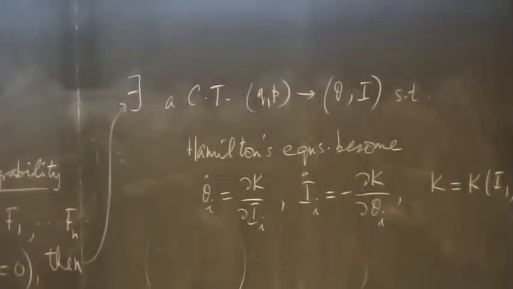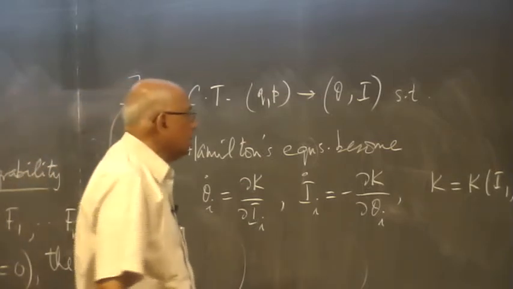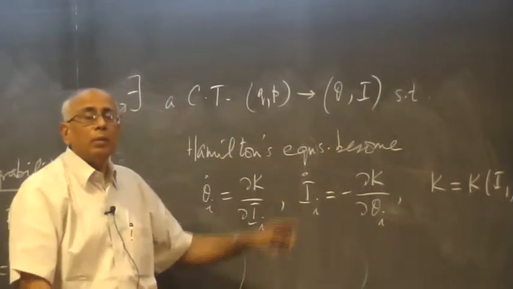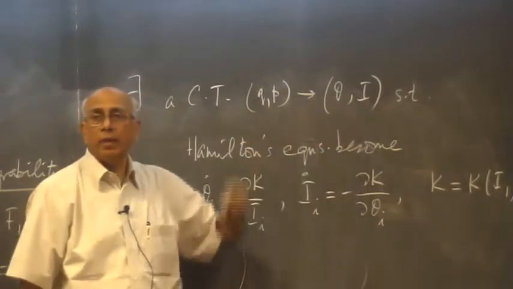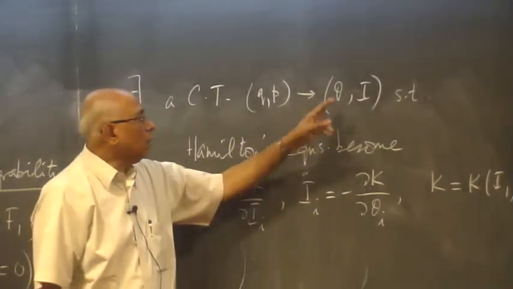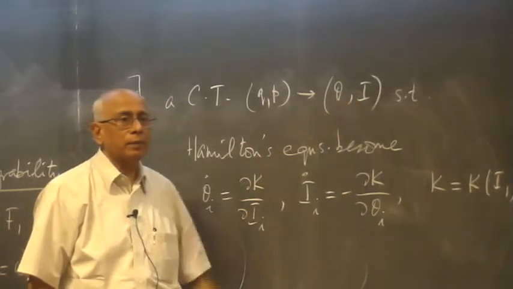So the K, the new Hamiltonian in the new canonically transformed variables, is a function only of n of these variables, not the other set at all, not the new quote-unquote coordinates, but the new momenta, if you like. These are called the angle-action variables.